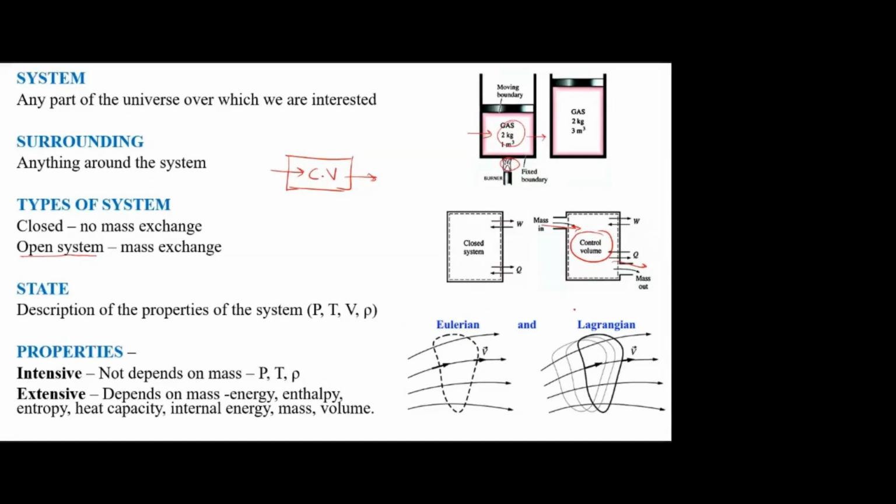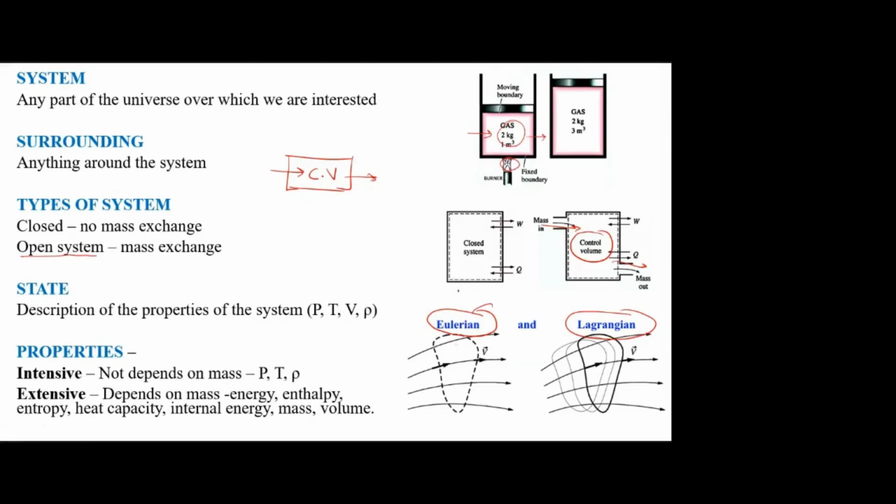Further, the control volume has two types: one is Eulerian, another is Lagrangian. We will mostly use Eulerian. Assume this is a flow field, and the dashed line shows the control volume. Here the control volume is fixed, and air comes in and goes out. This type of control volume is what we consider for AD1, AD2 and so on.